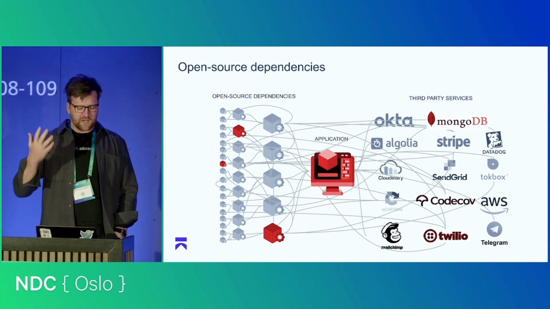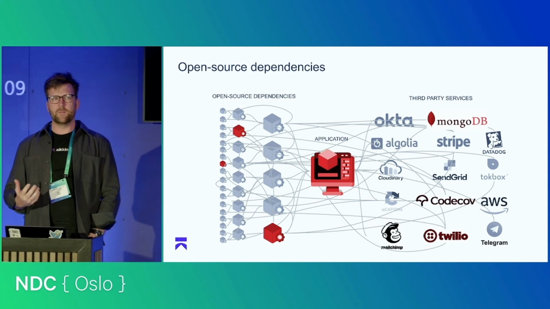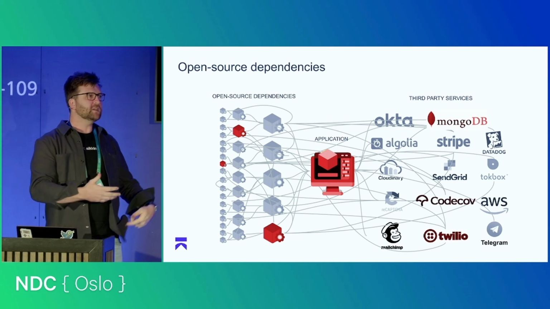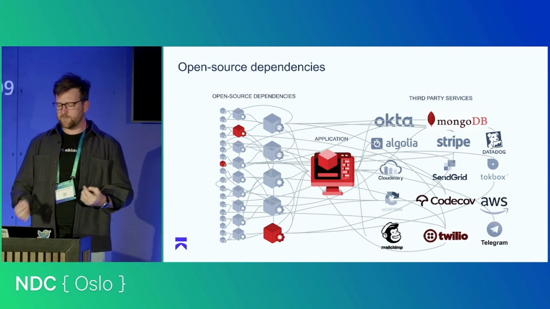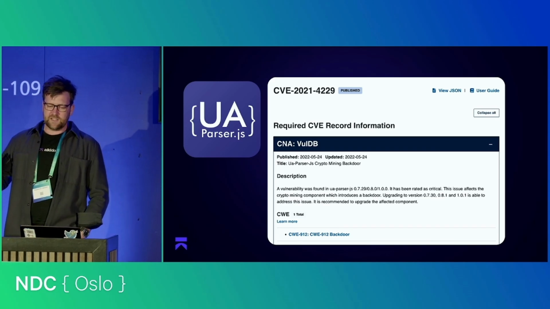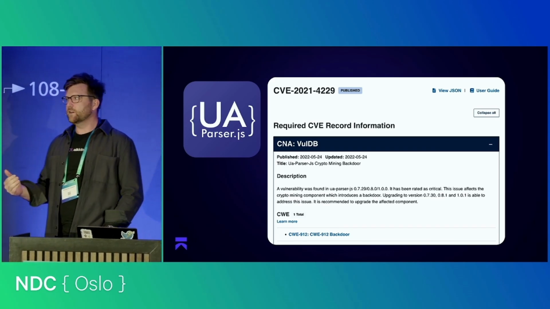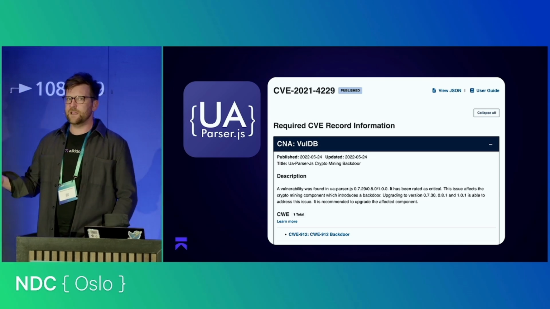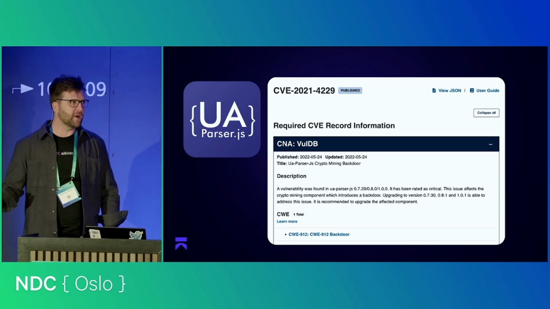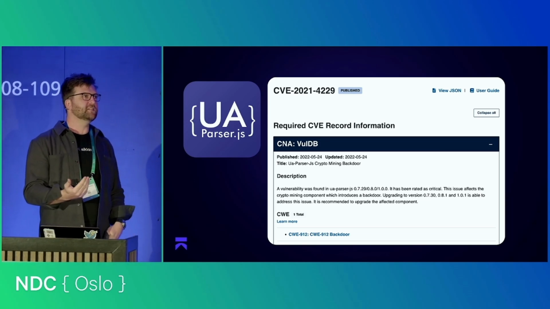And how we solve this, or our best bet of solving this at the moment, comes from public disclosures of vulnerabilities in open source projects. So for example, if we take one, this here was from a tool called UA Parser. UA Parser, the maintainer's NPM account was taken over by a malicious actor. They installed credential stealers and crypto miners in it.